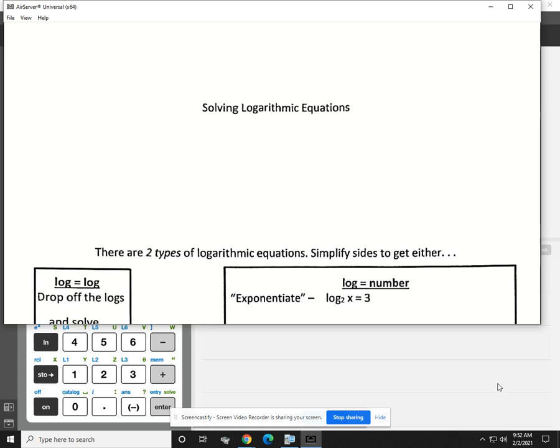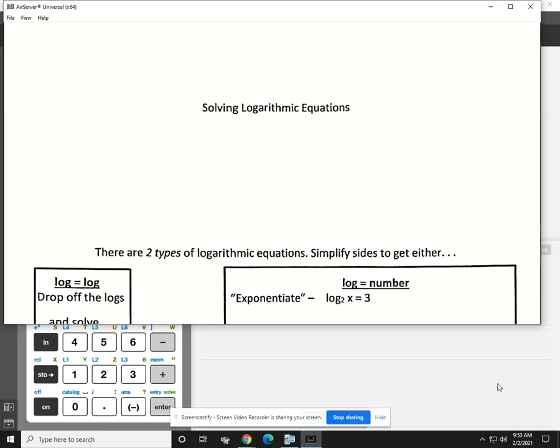And I told you when we did that there was one other good way to solve exponential equations. I said you could rewrite them as logarithms. But at that point, we hadn't talked about logarithms. So today we're going to talk about how to solve logarithmic equations. And guess how many methods there are? 2. And one of them is very much like dropping off the bases.